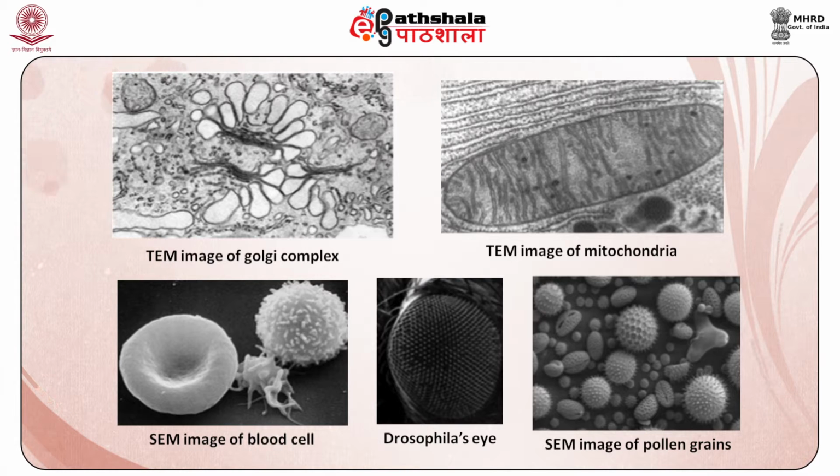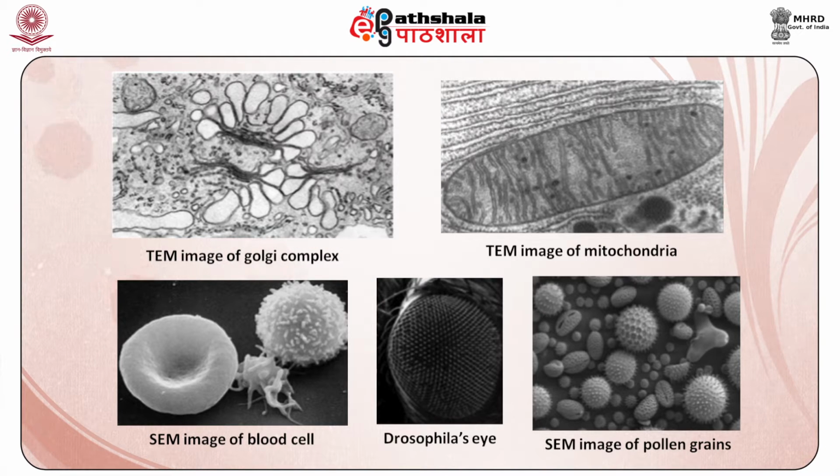Beside this is another cell, perhaps that which is known as a white blood cell. Also present in the next picture, which is typically a SEM picture, you see the overall surface of a Drosophila. A Drosophila is also known as a fruit fly. Its eye is a compound eye, and you can easily see the surface contours of the eye.